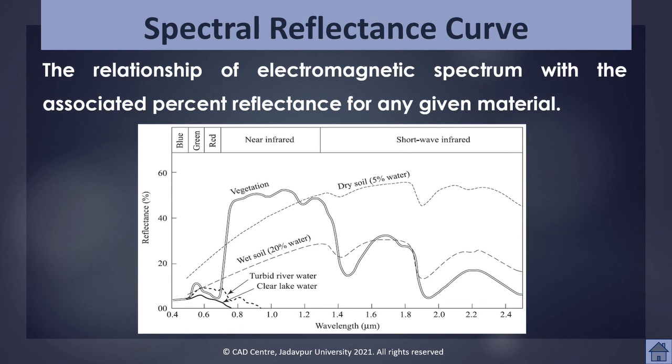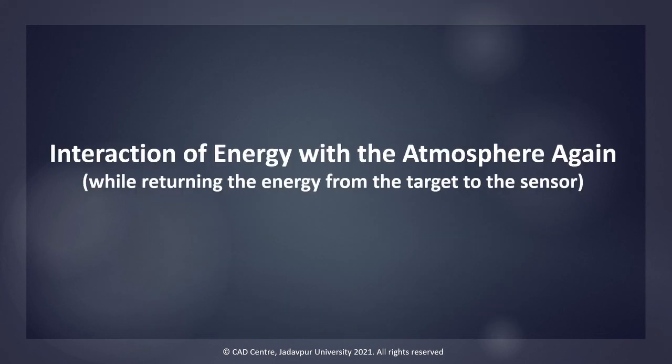Now, after the interaction at the terrain, some amount of energy will be reflected back. The radiant flux reflected or emitted from the Earth's surface once again enters the atmosphere, where it interacts with various gases, water vapor, and atmospheric particulates.